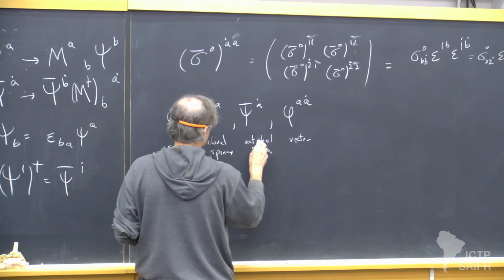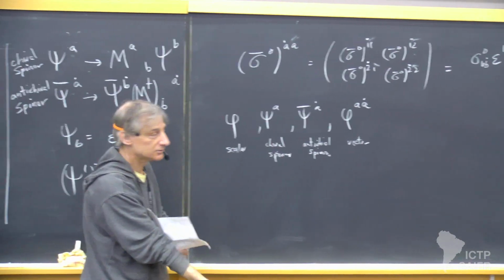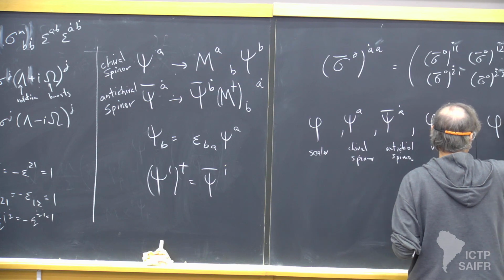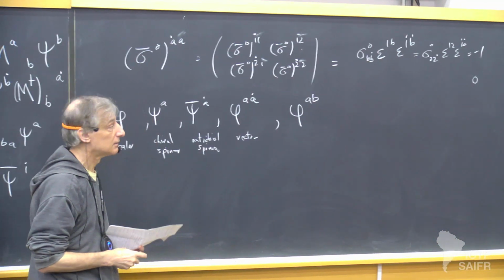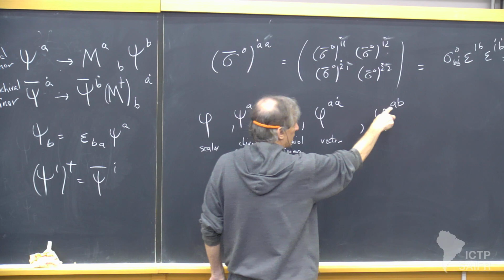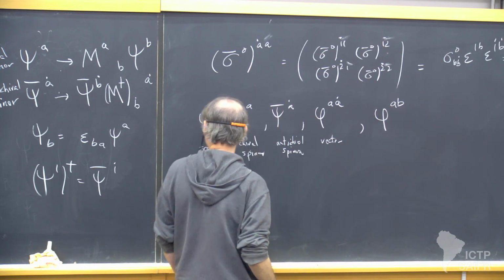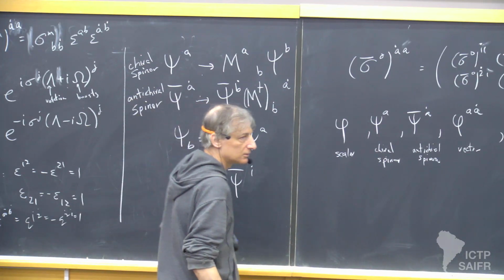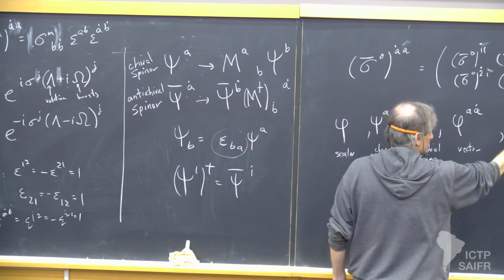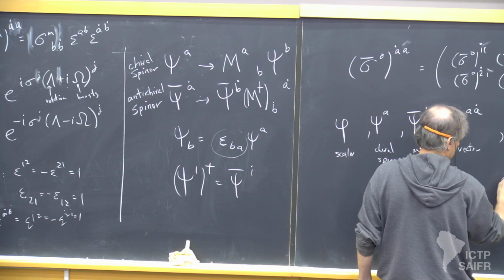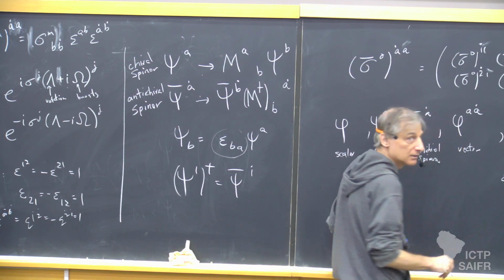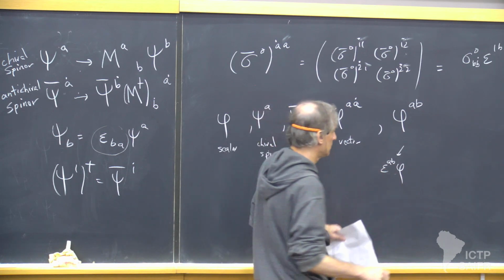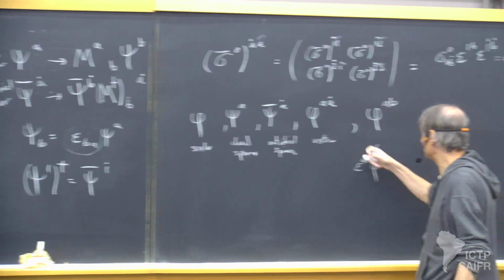Well, you could also have something with, for example, 2 of these indices. So you could have something like phi AB. But if it has 2 undotted indices, remember that you have epsilon AB. So this actually decomposes into something proportional to epsilon AB, which is just epsilon AB times a scalar, plus a term which is symmetric.